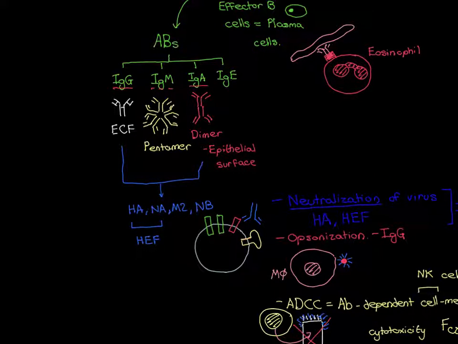In addition, we're going to get opsonization of the virus particles by, this is IgG that's going to do this rather than IgA and IgM. So what will happen is we will produce IgG molecules against epitopes of the surface antigens of the influenza virus particles, and this means the influenza virus particles will end up coated in IgG molecules.